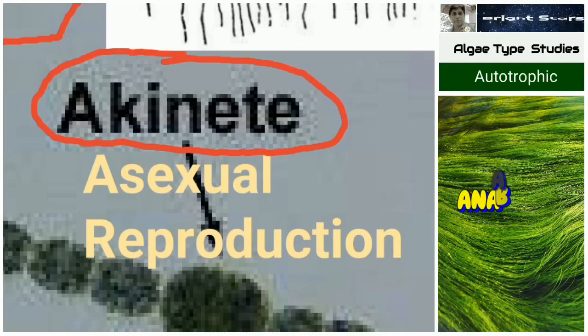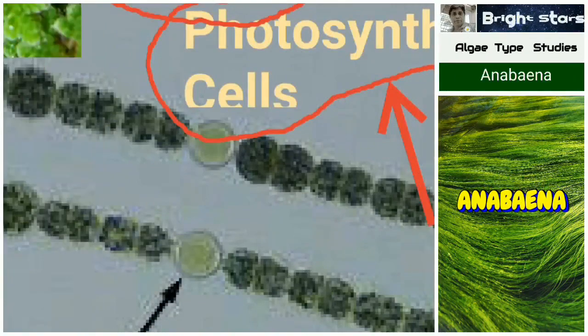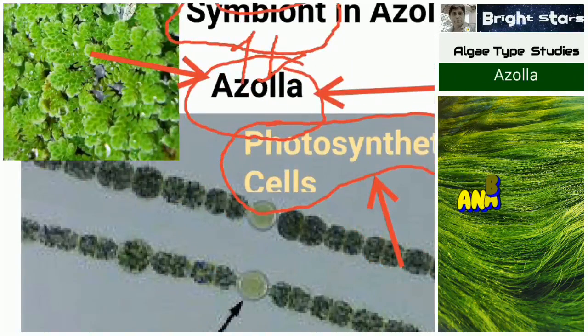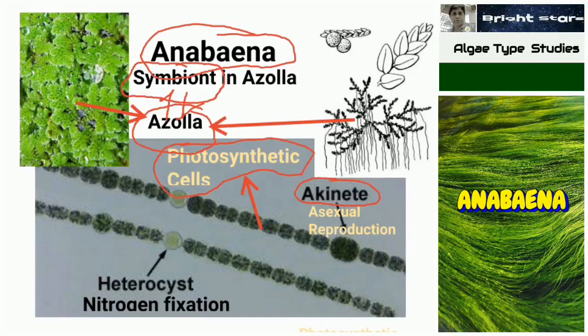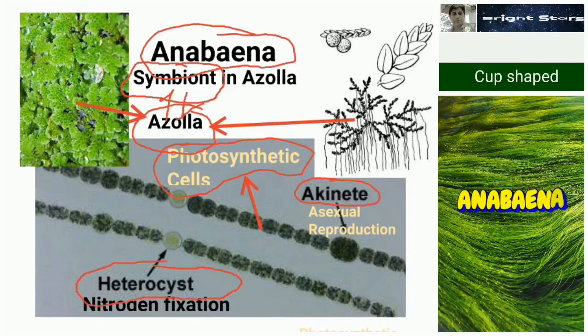The long filament has akinetes. At the same time, it consists of heterocysts also. Hetero means different. Thick-walled cells are present. We call these heterocysts.